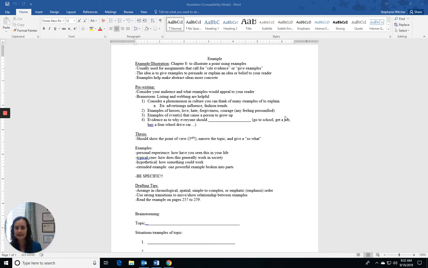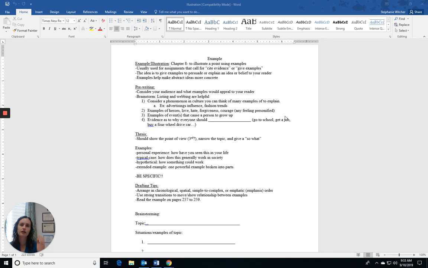So one idea that may be really big or a little abstract, and then you give us examples or reasons that then make it very clear to your reader why you are making this point. So the goal here is to take something that's more abstract, more complex, and make it much more concrete by giving good examples, good reasons.